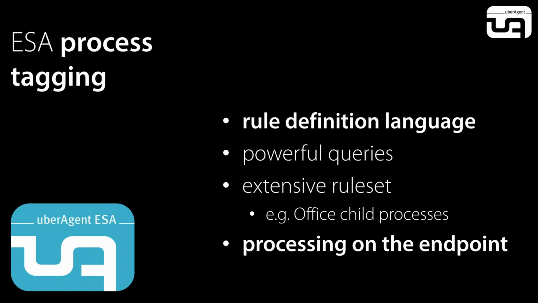That helps reduce the data volume being stored in your SIEM. With some systems like Splunk, where you typically pay by the volume of data you send to the system, a tool like uberAgent ESA helps reduce the licensing cost you have with the SIEM.